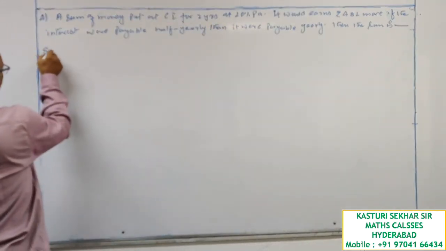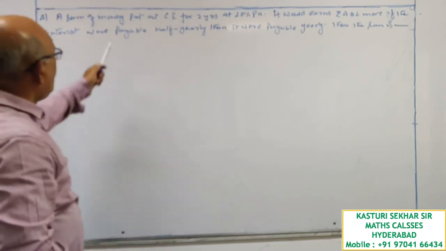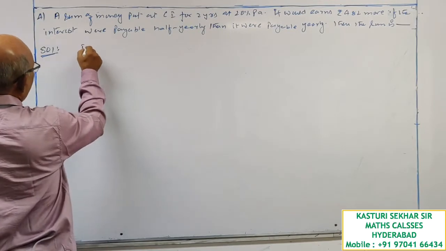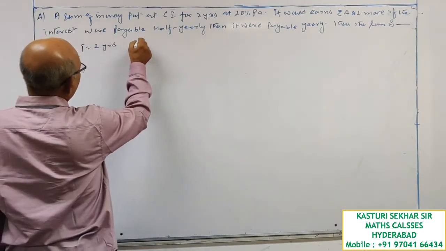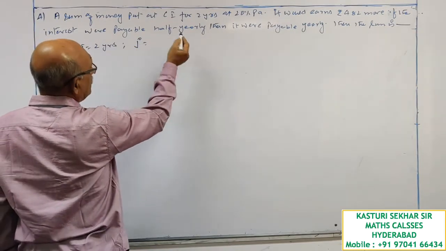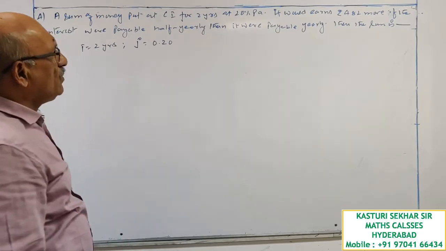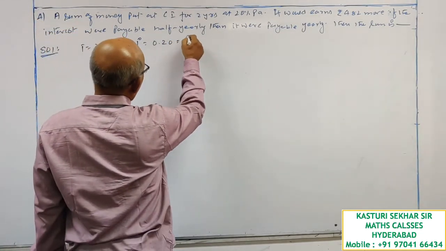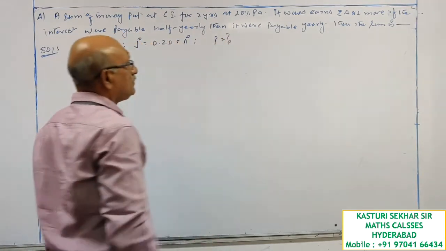Now see the question, sir. A sum of money put at compound interest for 2 years. Time is equal to 2 years. Nominal rate of interest, which is expressed per year, is 20%, 0.20. Principal is question mark.